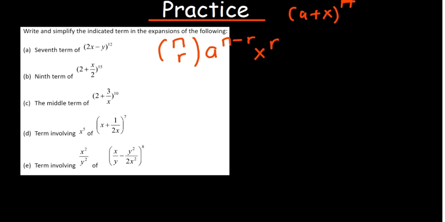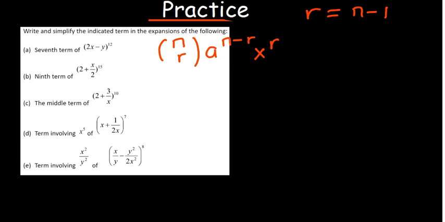That is what we're going to be using when it comes to finding the term. So when they say find the 7th term, what that means is your r is going to be less by 1, because we start counting from 0. If you start counting from 0 as your 1, you end up at 6 as your 7th term. So for the 7th term, the value of r is always going to be 1 less than the position.